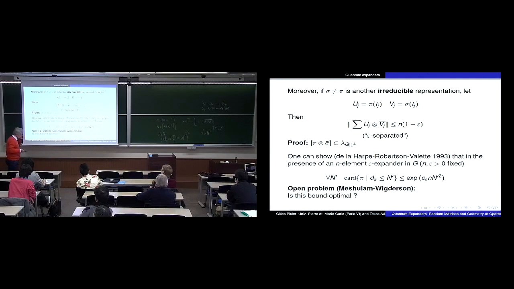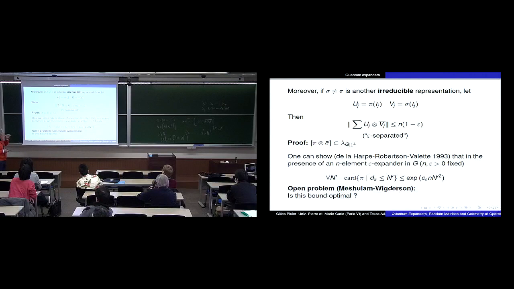Okay. So here is a first point, which is actually one of the reasons why I became hooked on the subject of quantum expanders. It's a very nice question that I've heard from Wigderson in a talk, and I've heard him repeating this question several times, but it's not very clearly in print, although it appears in some lecture notes taken by students at some place.